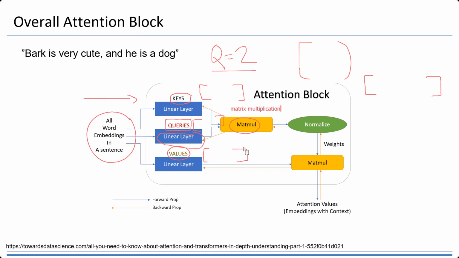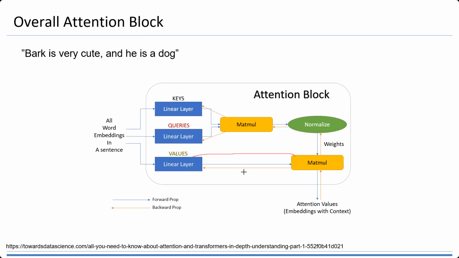After we do the matrix multiplication, we will normalize, so we can get a kind of weight. After we got the weight, again we will do the matrix multiplication with the value, and at the end, we will get the attention values.